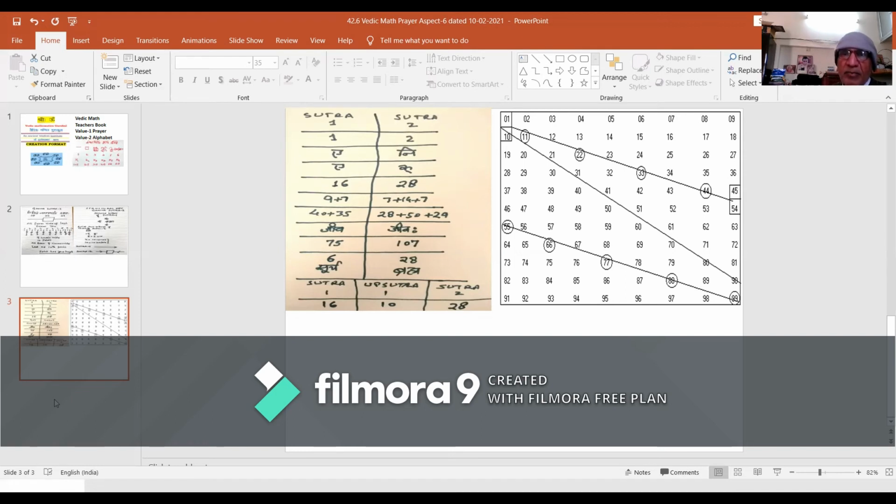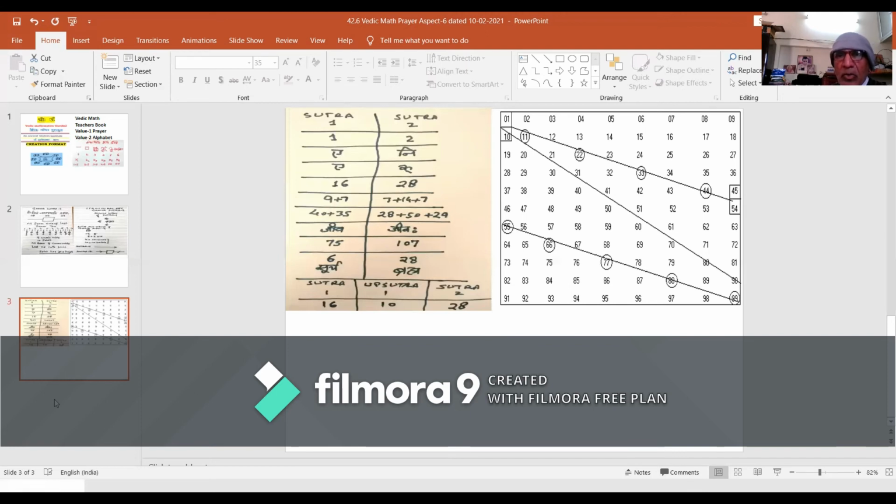Here on the computer screen on the right side is a table of double digit numbers. These double digit numbers, 0, 1 to 99, accept organization as a 9 cross 11 grid.